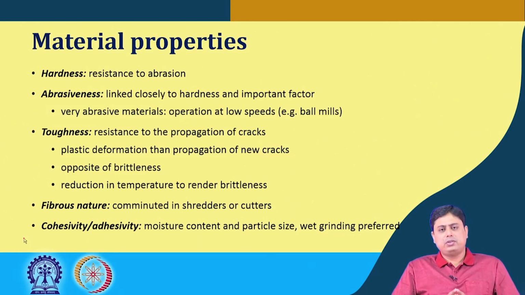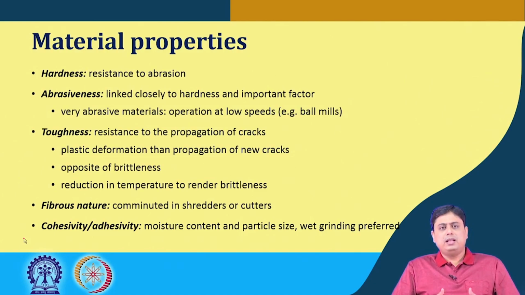These materials exhibit plastic deformation rather than propagation of new cracks. So, control of size reduction is difficult on tougher materials, and sometimes if we can reduce the temperature while processing these materials, it can render some brittleness, which helps in terms of energy consumption.